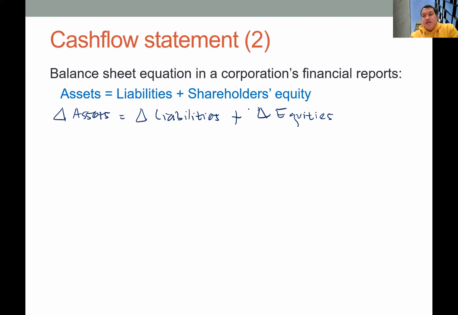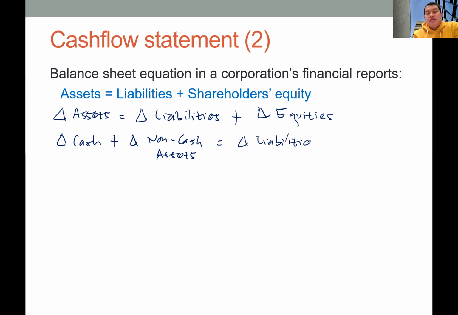And then if we divide the assets into two groups, we have changes in cash plus changes in non-cash assets, like non-current assets, equal to changes in liabilities plus changes in equities.